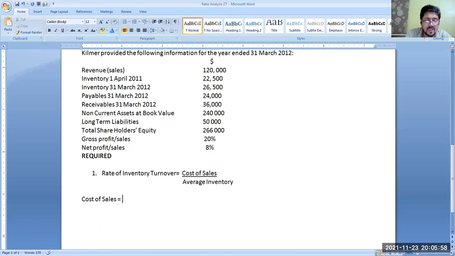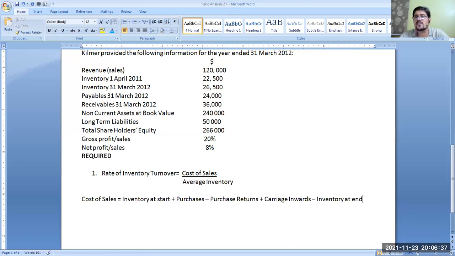I'm repeating the formula: inventory at the start of the year plus purchases minus purchase returns plus carriage inward minus inventory at the end of the year. This is the formula of cost of sales.